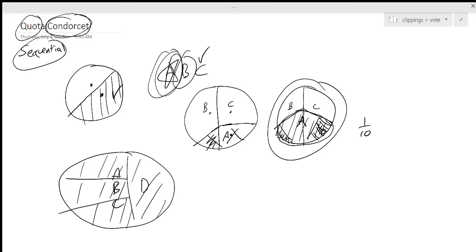So I think I've explained this idea, that you have a combination of Condorcet, which chooses the people that go basically undefeated, if you're familiar with Condorcet, and I've explained how you take a quota of voters out of the Condorcet method.